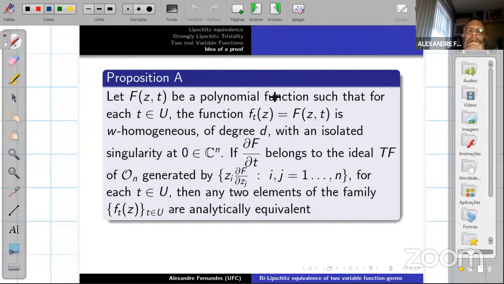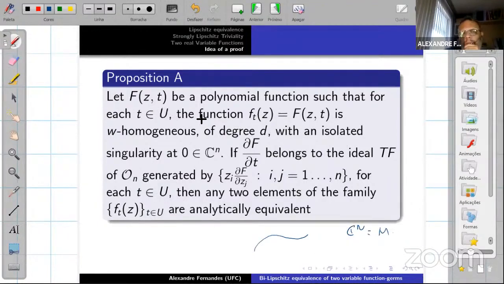So if you have a family of functions in that space, all of them are weighted homogeneous. This is a kind of path in some C^n or some manifold.